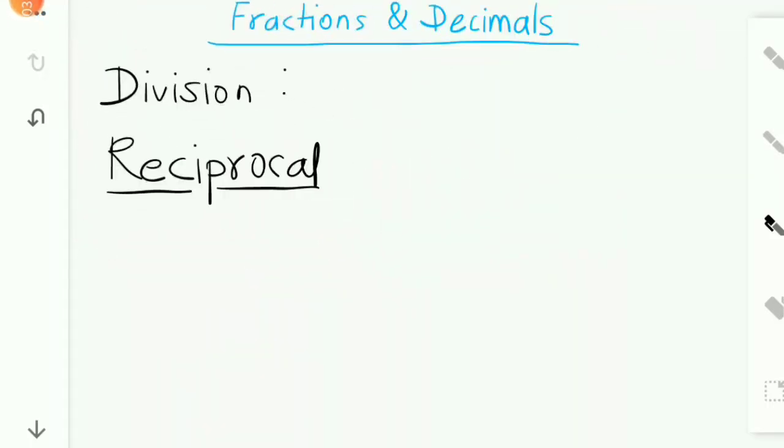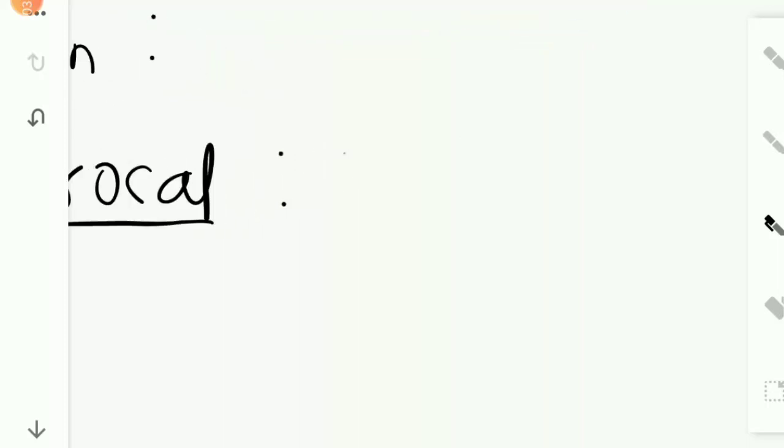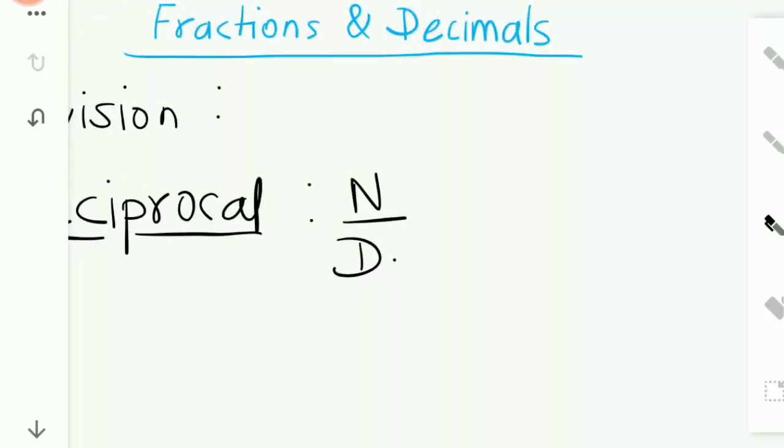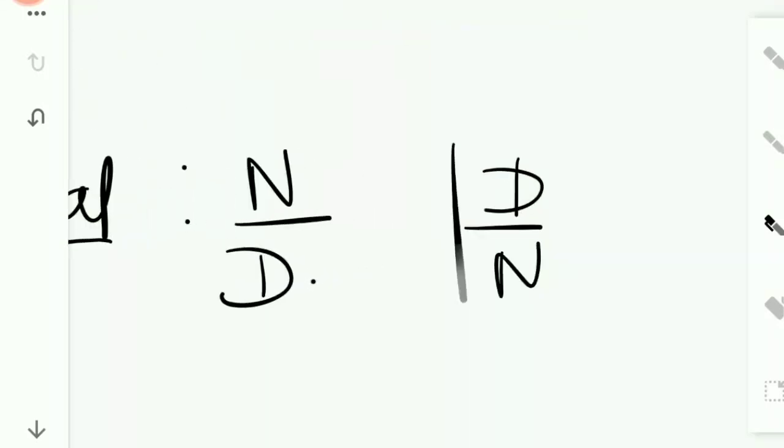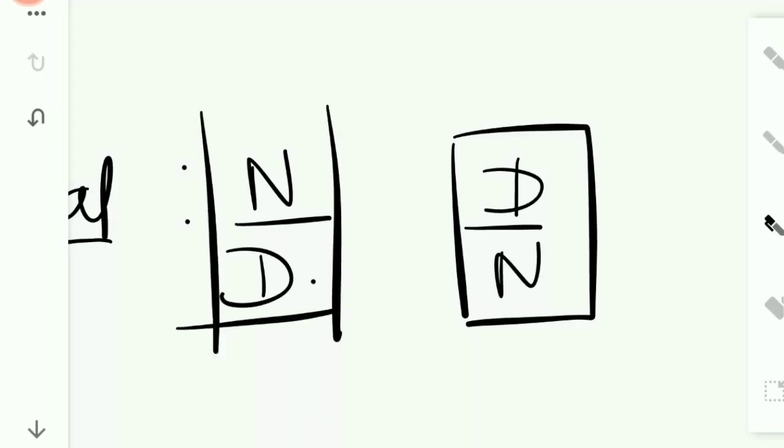Reciprocal means if I have a number, numerator divided by denominator, so when I interchange denominator and numerator, I get the number as d by n. Then this d by n is called reciprocal of n by d.